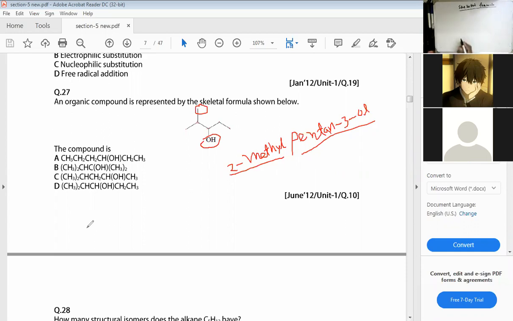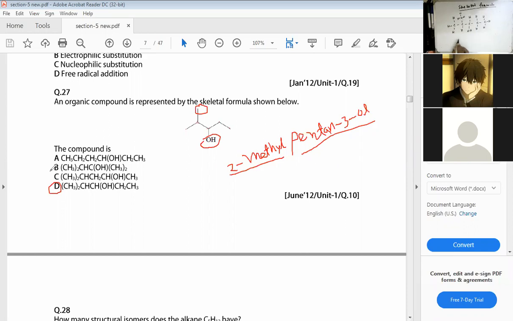If I draw the displayed formula, then we can draw the structural formula. We draw here pentane, 1, 2, 3, 4, 5. On carbon number 3, there is OH. If we draw in this way, it should be D. And here there is a methyl group, right?